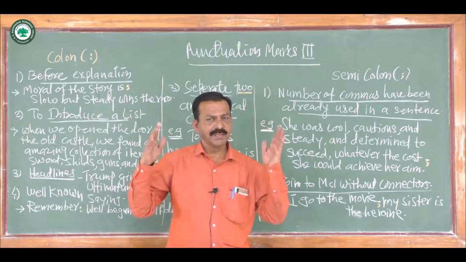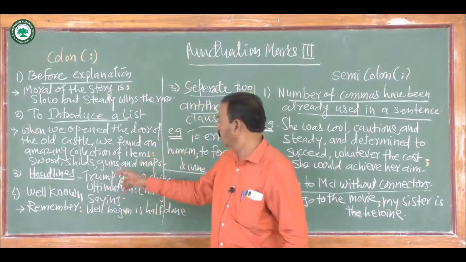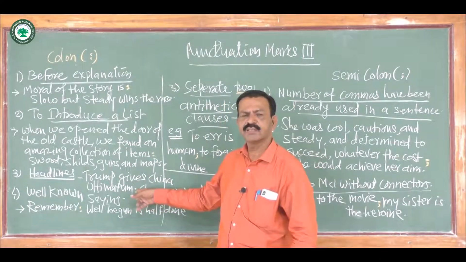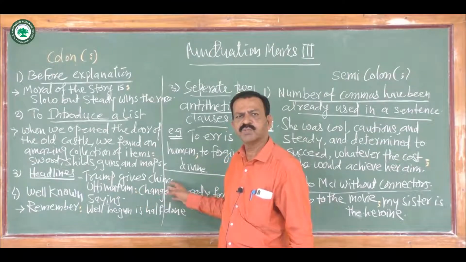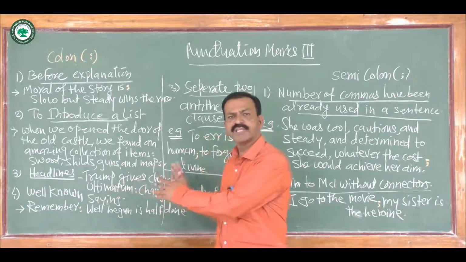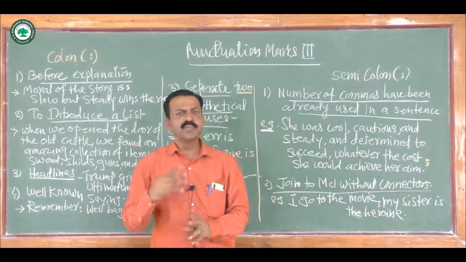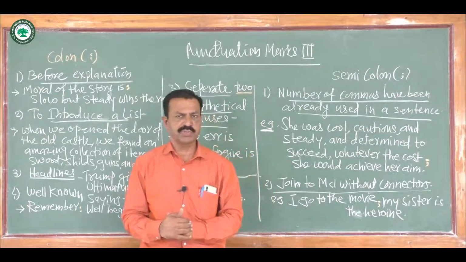So this is a newspaper headline. Here, after ultimatum, a colon is used, and then what Mr. Trump is going to say is described. This is the first half, and what he said is the other half. So in newspaper headlines, colon is generally used.